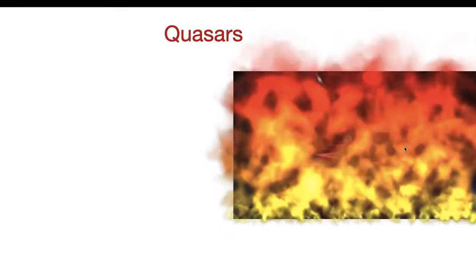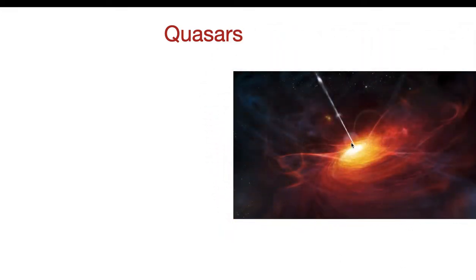So what is a quasar? Well, this is how a quasar looks. A quasar is basically a supermassive black hole, which is here, with gas swirling around it and plasma that is pushed away. This gas is like throwing the plasma away, and that causes a beam of light like this.